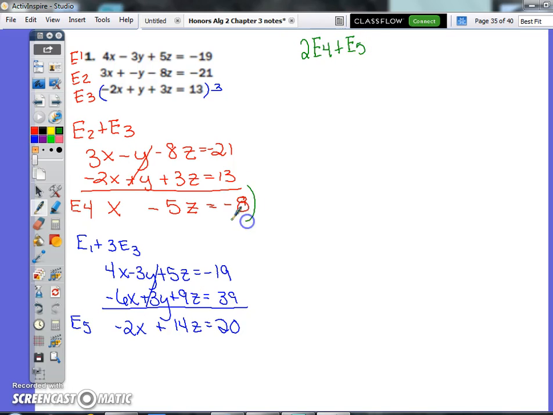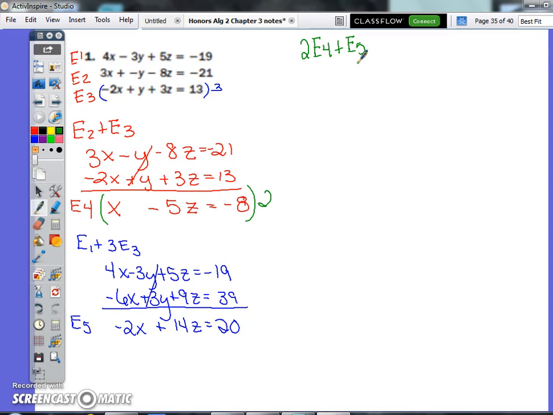So we're going to multiply this whole thing by a 2. We're not dividing. You can, but we're not dividing. It wouldn't be any easier or any harder.